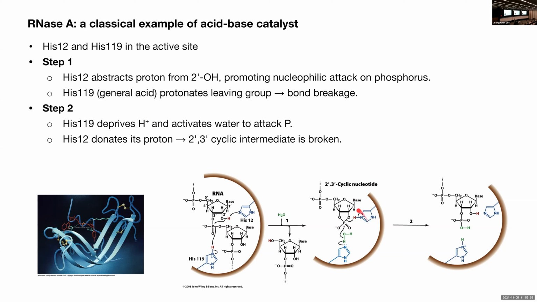as a base. As it says here, it abstracts the proton from the 2' OH, promoting the nucleophilic attack on the phosphorus from this O minus, which was the hydroxyl group, because this is negatively charged now. So it wants to bind to or attack something that has lots of positive charge, or at least can accept some negative charge.